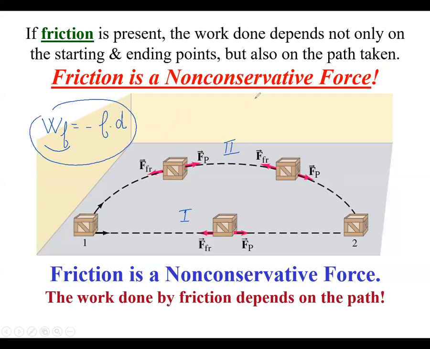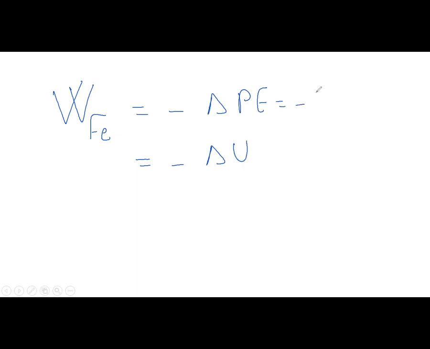Here we just talk about F electric, and we can summarize: omega Fe equals minus delta potential energy. And potential energy in general, you can write Pe or you can write U, equals minus the final potential energy minus the initial potential energy, U2 minus U1.